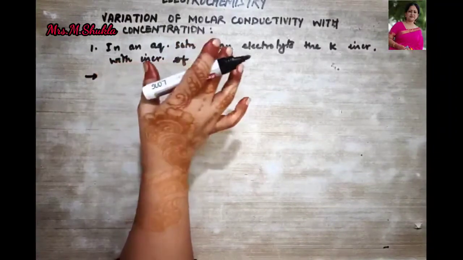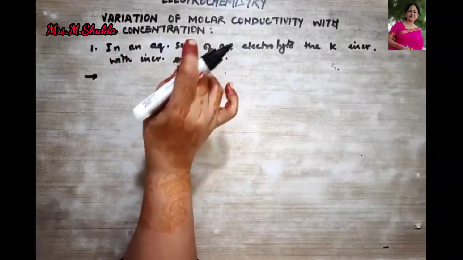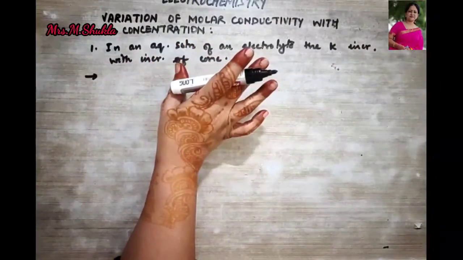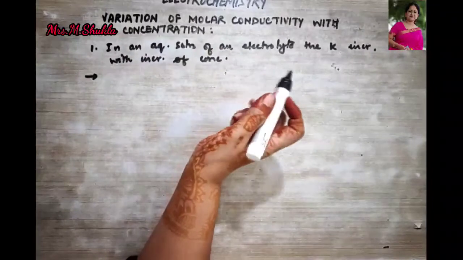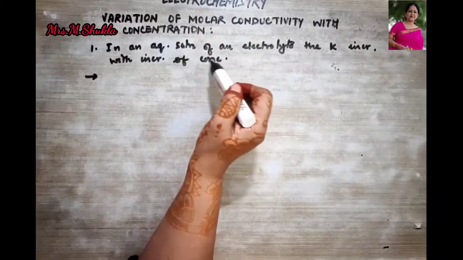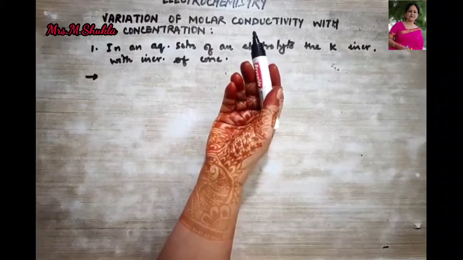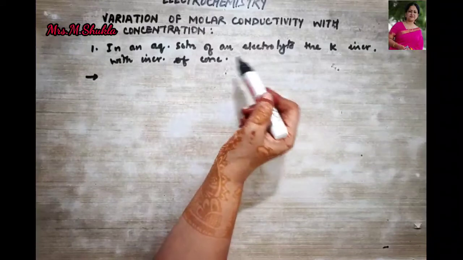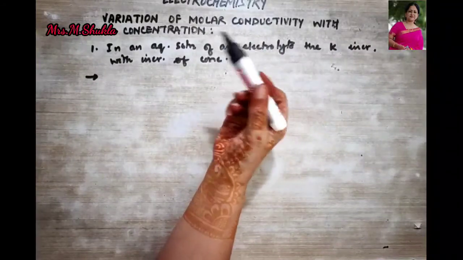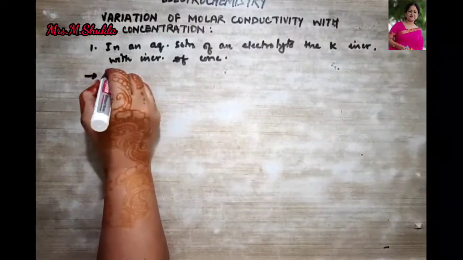The specific conductivity is the conductance due to the number of ions per unit volume of the solution. On increasing the concentration of the solution, the number of ions per unit volume also increases, and therefore the specific conductivity also increases. Clear? So I mention it over here.